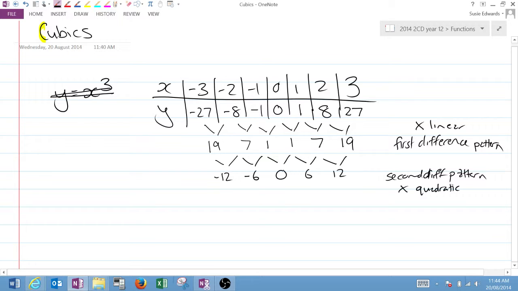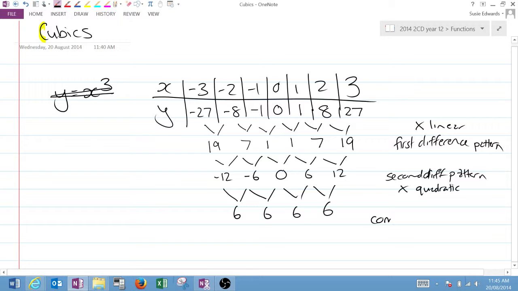So you check if it's linear, is that number all the same? No. You check if it's quadratic, is that number all the same? No. What do you think we do to find out if it's cubic? Third difference pattern, okay? So, -12 to -6, we add 6. -6 to 0, 6, 6.